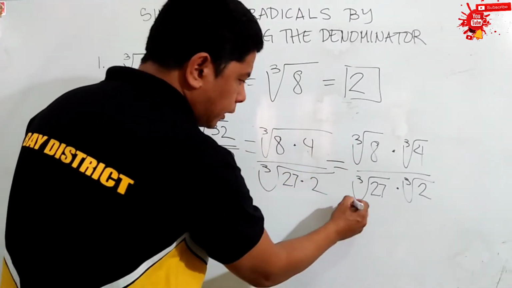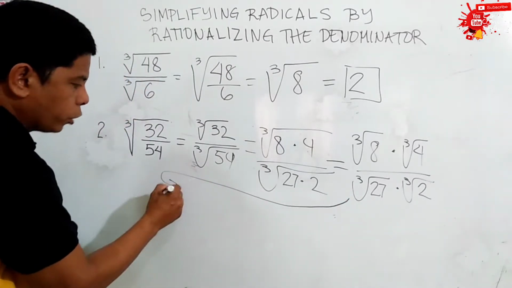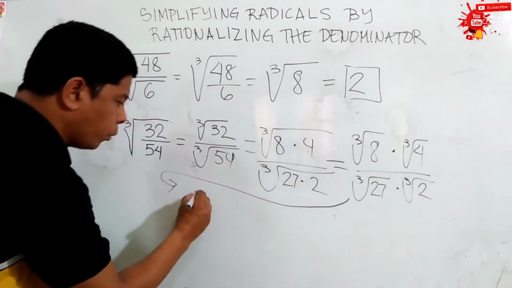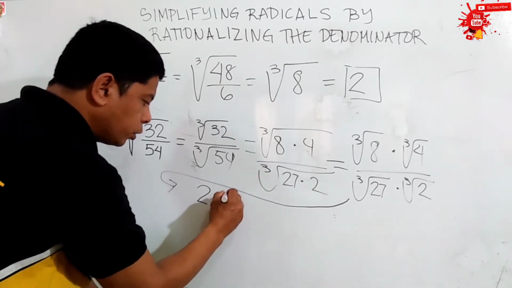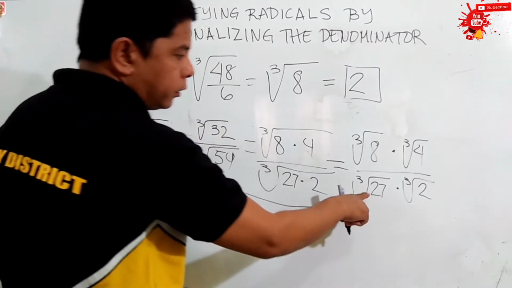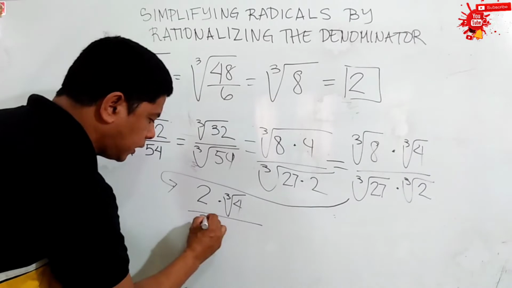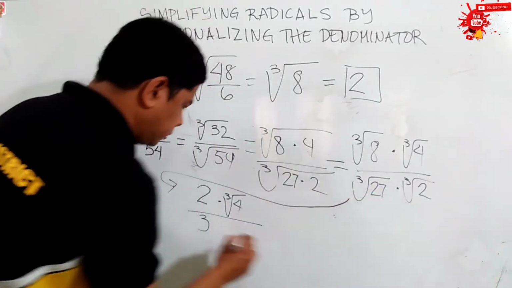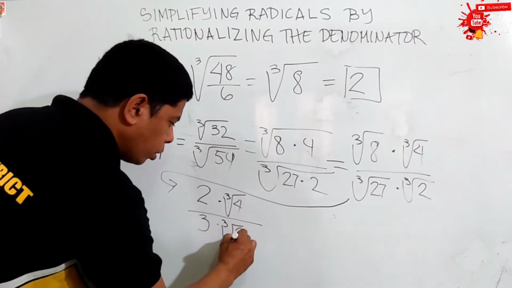Ang cube root ng 8 ay equal sa 2 times cube root of 4. And cube root of 27 ay equal siya sa 3 times cube root of 2. Okay.